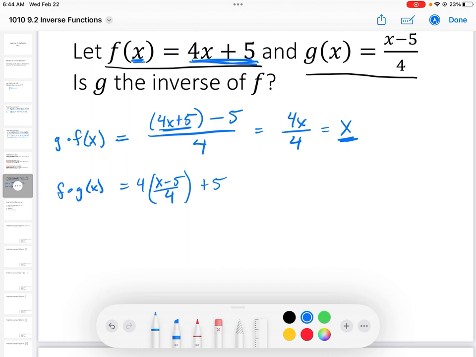And in this case it would, because the 4 divided by 4 cancels out and you get x minus 5 plus 5, and minus 5 plus 5 cancels out to 0, and so you would just get x. So this is one way that you can test to see if two functions are inverses of each other.